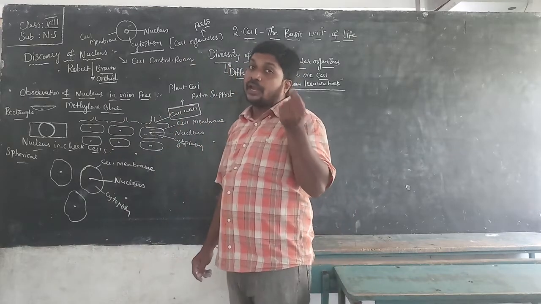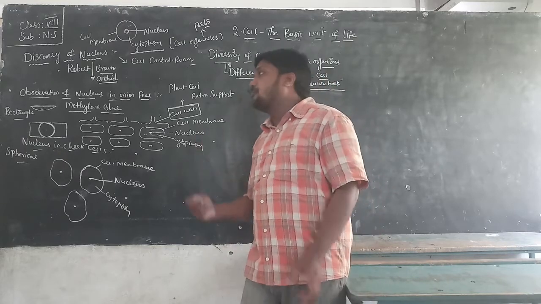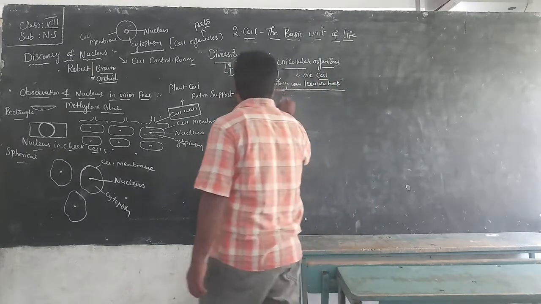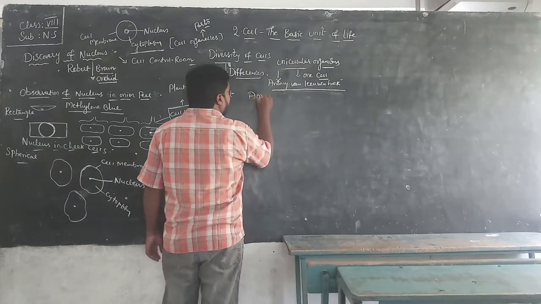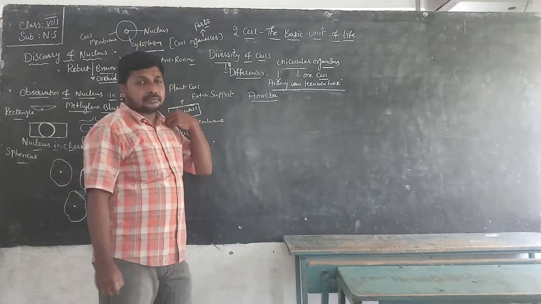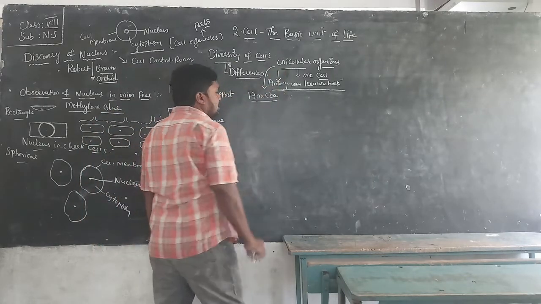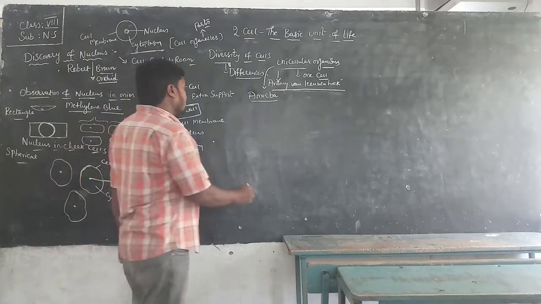He observed a drop of pond water under a microscope and found several thousands of microorganisms present in it. There he observed the first organism, that is amoeba. Amoeba is a unicellular organism that can be seen only with the help of a microscope.